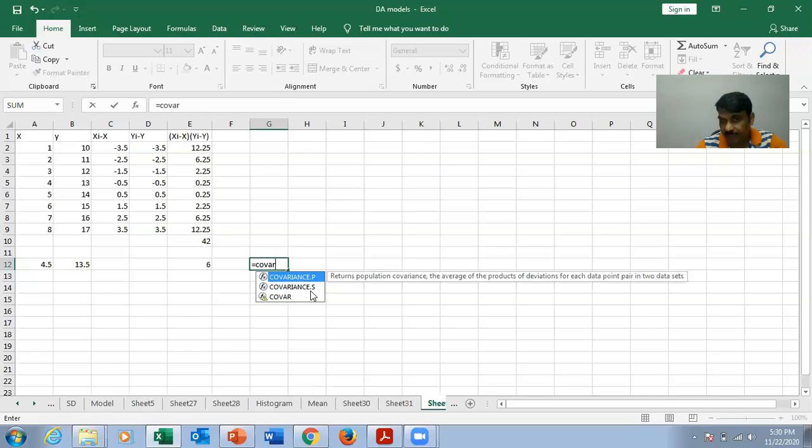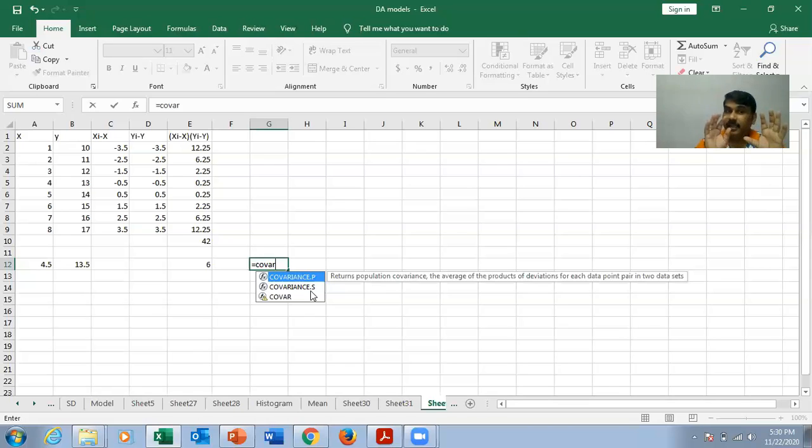If the sample is there, it will calculate on the basis of n minus 1. If we take a population, then it will take n only, capital N.